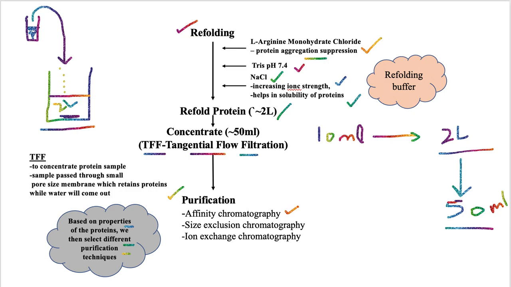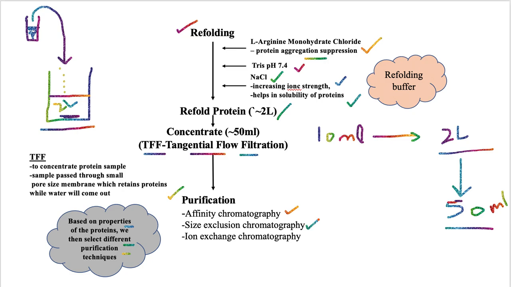That means that we should have a certain tag attached to our protein of interest. For example, 6-histidine. I will talk about that in detail, how this procedure works. But if we have 6-histidine, a patch of 6 histidine amino acid residues either at the N terminus or the C terminus of our protein of interest, we can use that as an affinity tag and purify our protein through affinity chromatography.